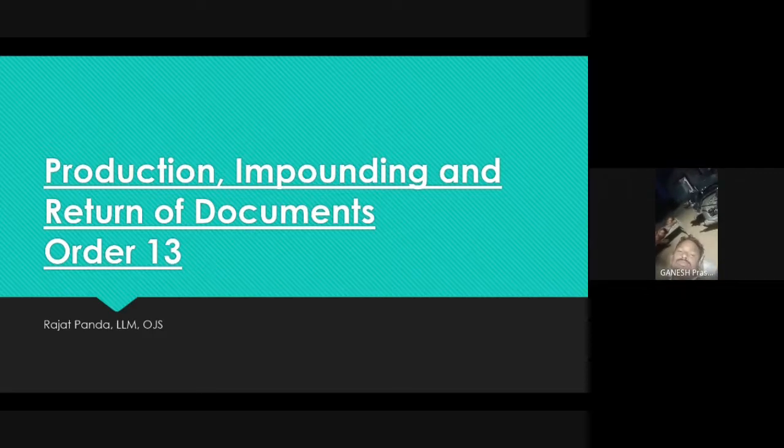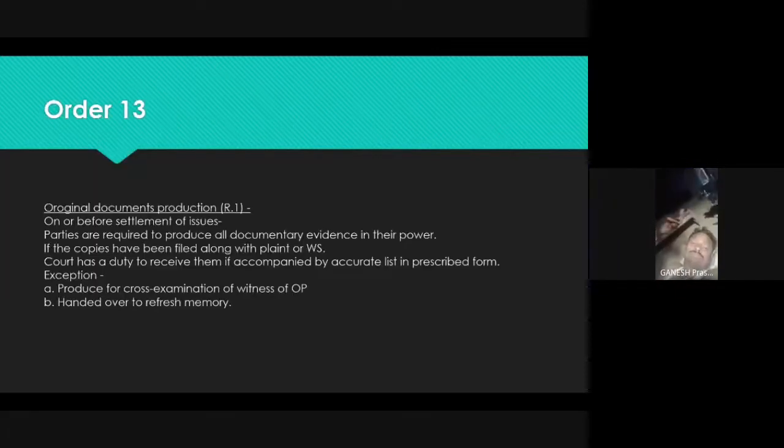Now coming to another almost compulsory stage, which is documents. Whichever documents are in the possession or power of the parties, those are to be produced, and how those will be produced, and if they can be impounded, if they can be returned to the parties, all of the provisions that are dealt under CPC, we'll discuss them one by one.